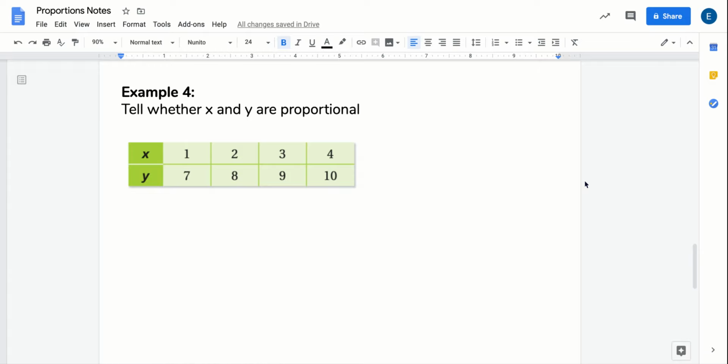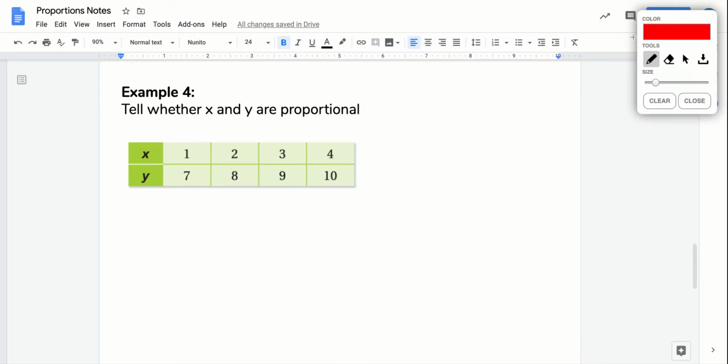Sometimes you'll see it in a table. This is okay. You just have to do it a couple times because if one of the pairs is not proportional, then the whole thing is not proportional. So I'm going to start with these. I have x and y. x is on top, y is on the bottom.